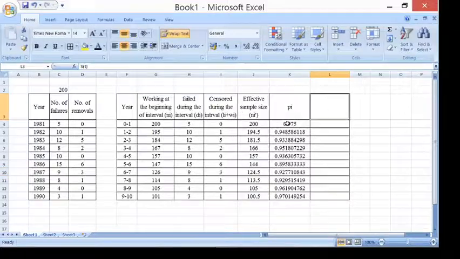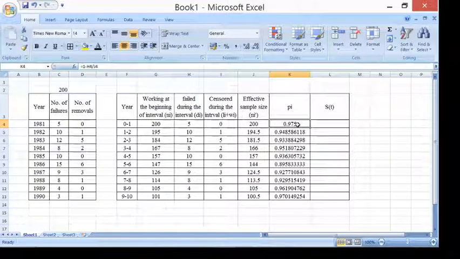So suppose we want to calculate unconditional probabilities, then we will have another column as S of t, basically S cap of t, that will be the estimate of survival. Now suppose here we want to estimate the probability of being alive at time point 1. Since this is the first time interval, 0.97 is the unconditional probability.